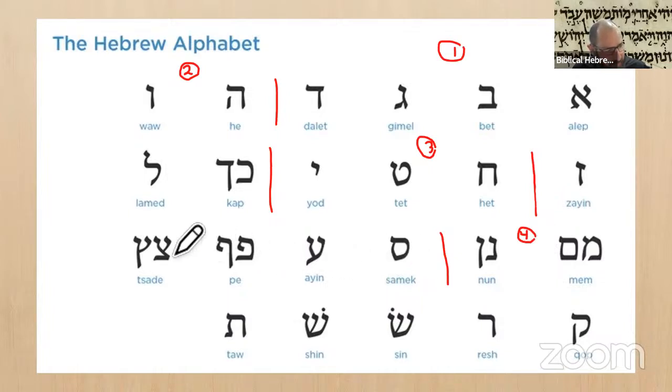Then lesson number 5: Samech, Ayin, Pe, Tsade. Then lesson number 6: Qof, Resh, Sin, Shin, Tav.